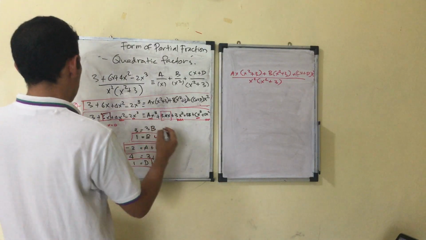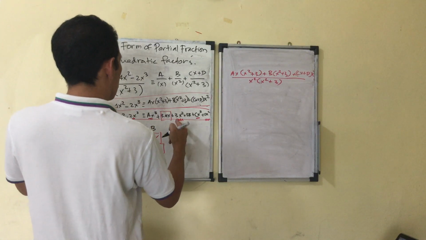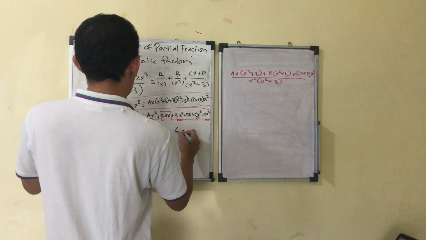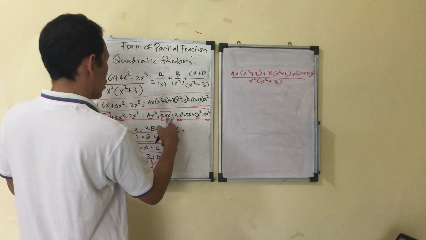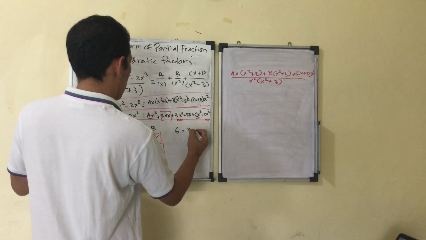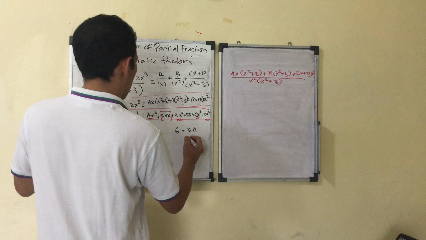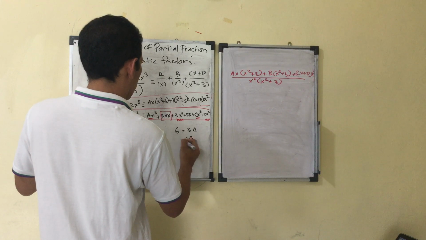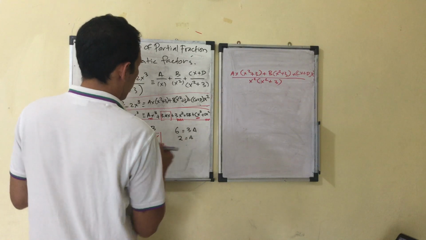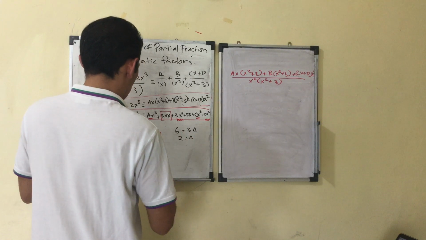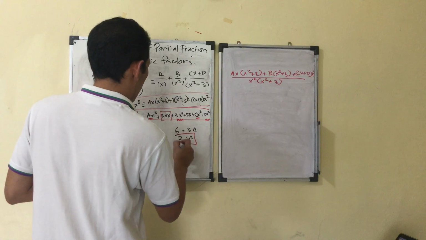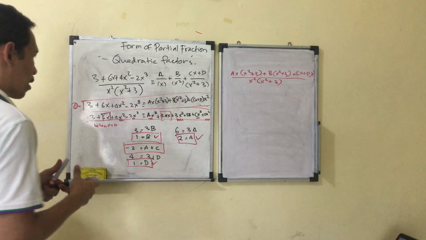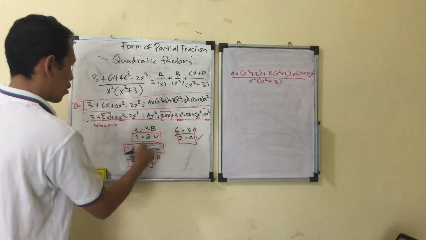So we can find that 6 is equivalent to 3a, right? So a is equal to 2. 6 divided by 2, you have another one, which is a equal to 2.